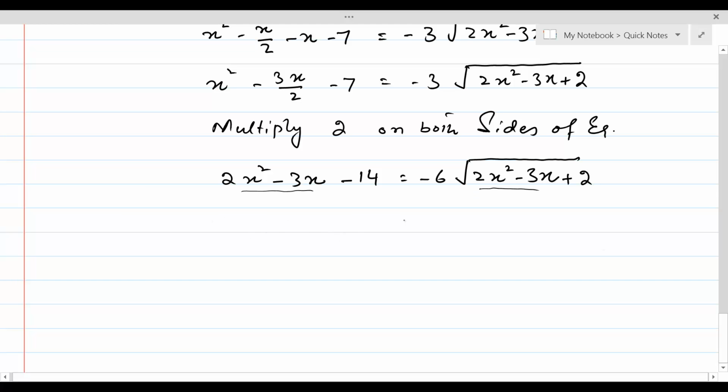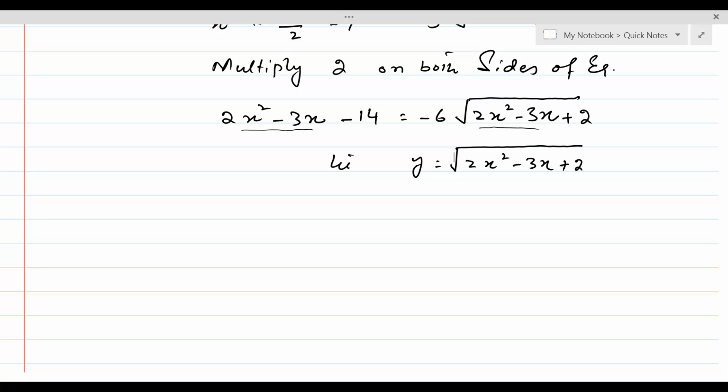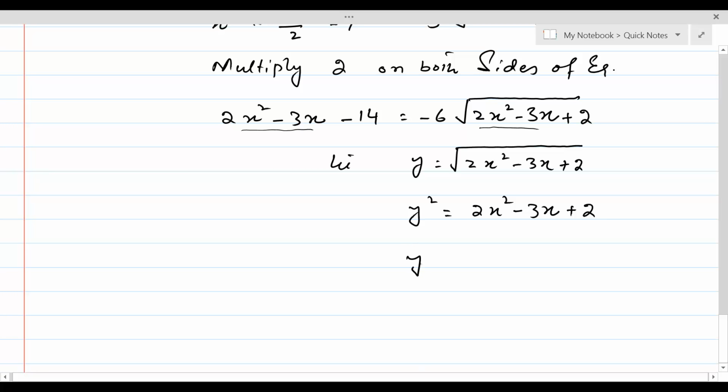So we are well on our way. Let y be equal to square root of 2x square minus 3x plus 2. If that is equal to y, then taking square, y square will be equal to 2x square minus 3x plus 2. Because 2 is not available here, therefore we can write it as y square minus 2 is equal to 2x square minus 3x.